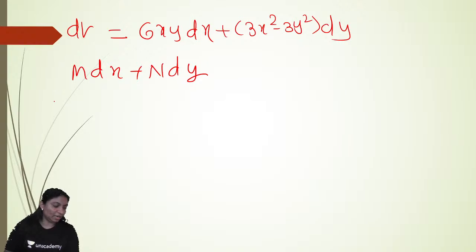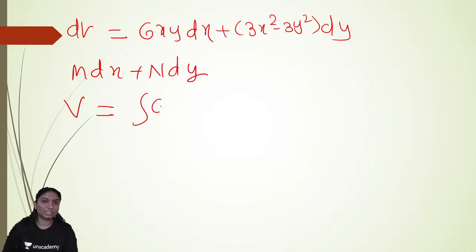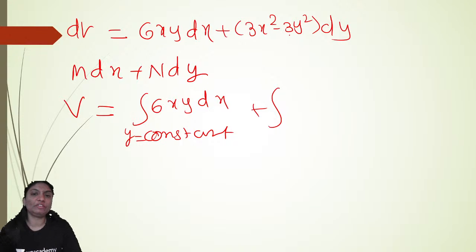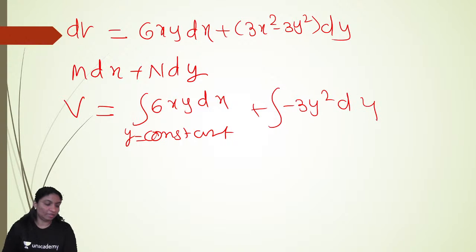So we can calculate v by integrating on both sides. So integration of dv, you will get v is equal to integration of the x-terms dx keeping y constant, plus terms of f2 which are free from x. Okay, so only one term here, minus 3y² dy plus c.